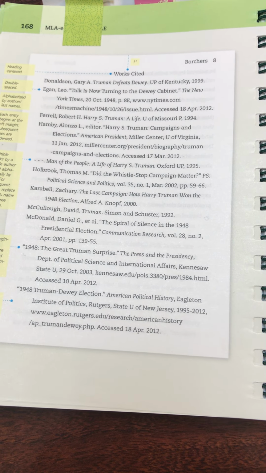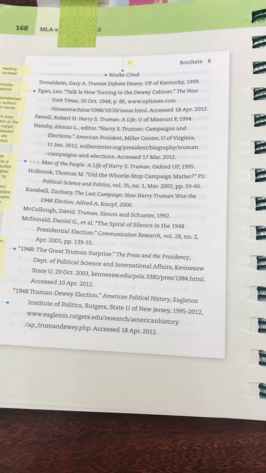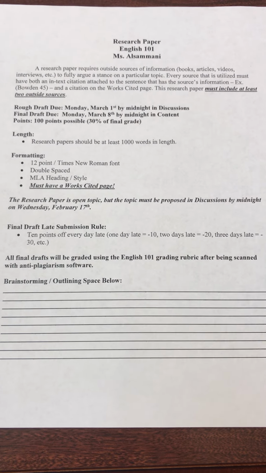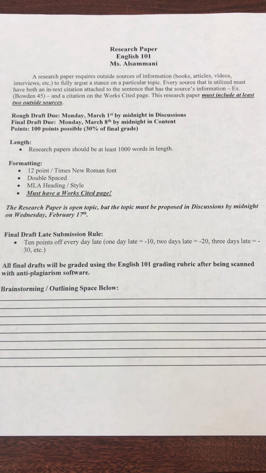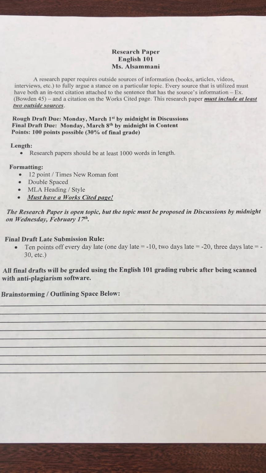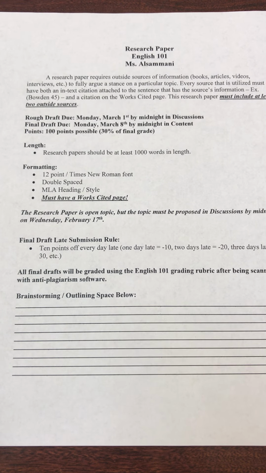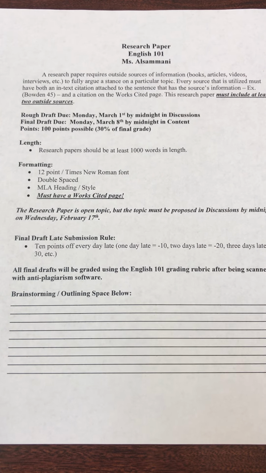But you will have to have a works cited page with at least 2 outside sources cited on it. If you have any questions about how to cite a particular source, feel free to email me. I can help you cite websites, interviews, Netflix documentaries, anything that you find. But you will have to have a works cited page.